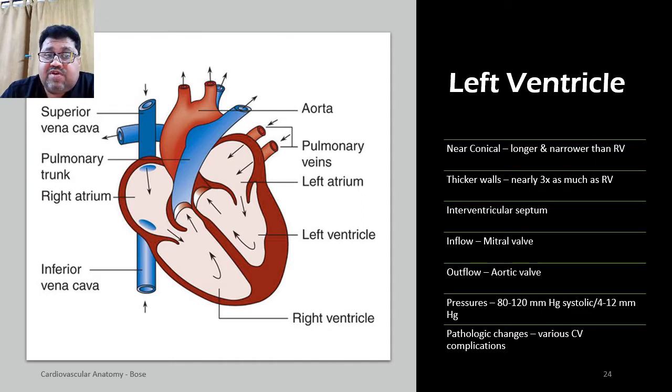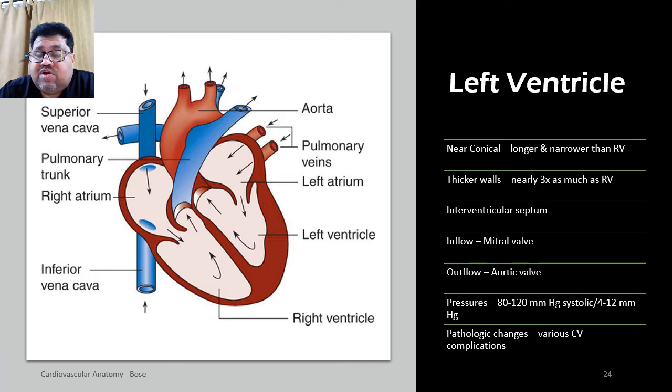The left ventricle receives oxygenated blood from the left atrium, which has arrived from the lungs, and it enters the left ventricle, which is therefore the inflow tract of the left ventricle via the mitral valve. So the mitral valve is situated between the left atrium and the left ventricle and allows the blood to enter the left ventricle.